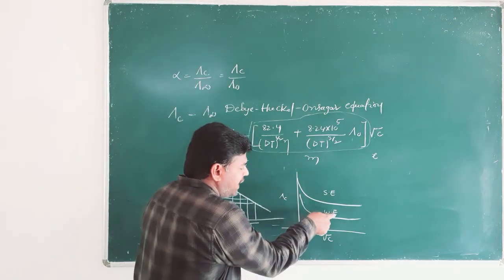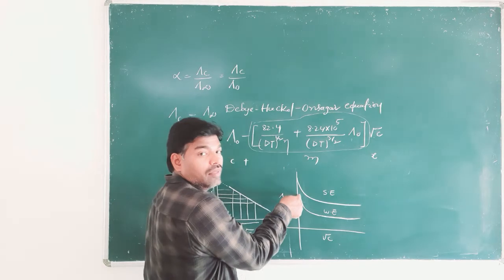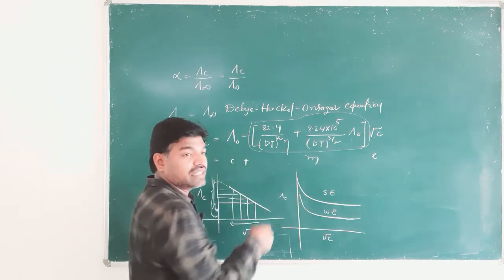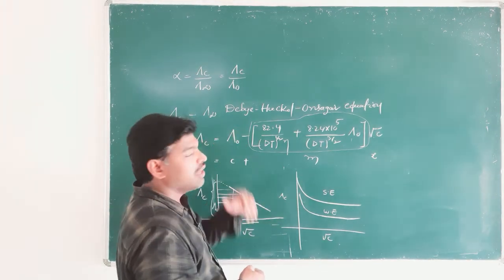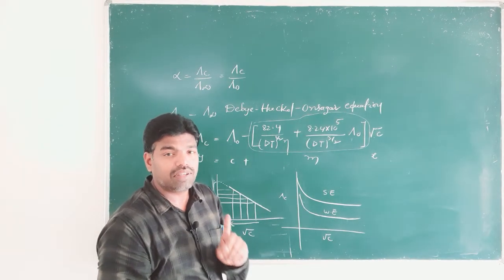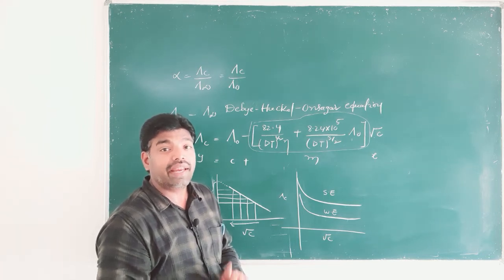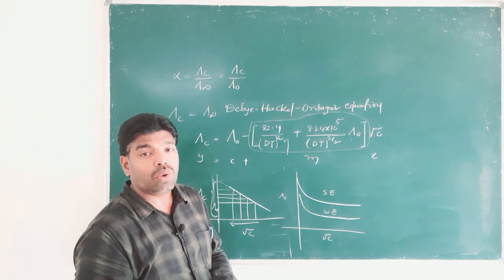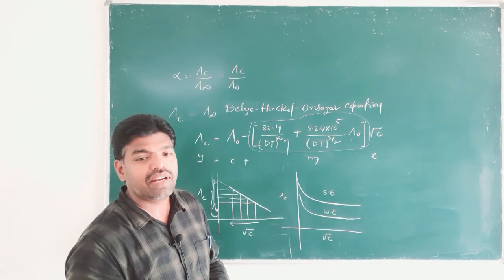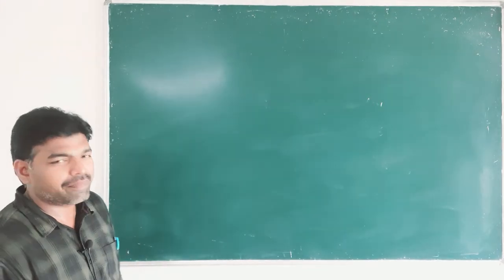So the lambda naught value for a weak electrolyte cannot be calculated by extrapolating this line or from the Debye-Huckel-Onsager equation. Lambda naught of weak electrolytes is calculated indirectly by using Kohlrausch law of independent migration of ions.